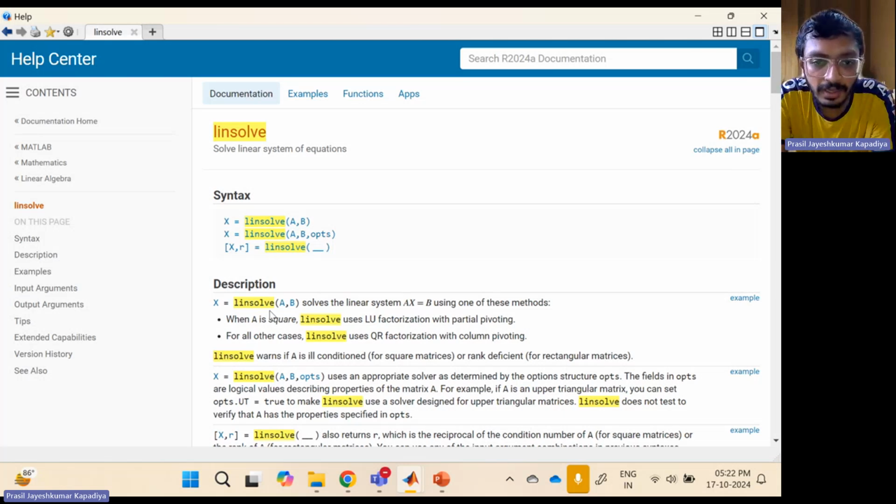When A is a square matrix, linsolve uses LU factorization with partial pivoting, and for all other cases where it's not a square matrix, linsolve uses QR factorization with column pivoting.